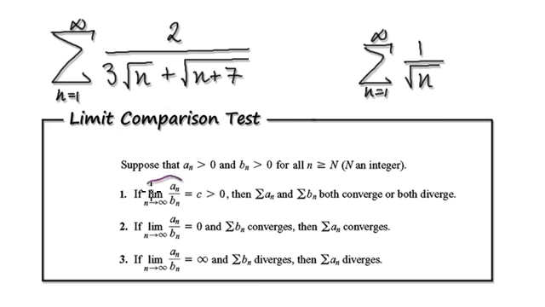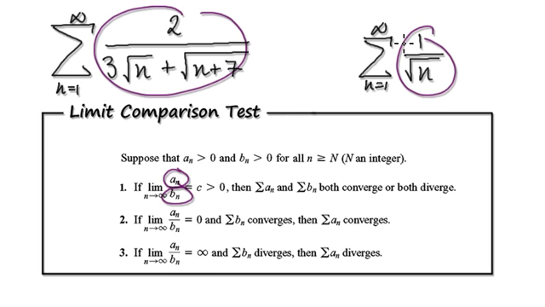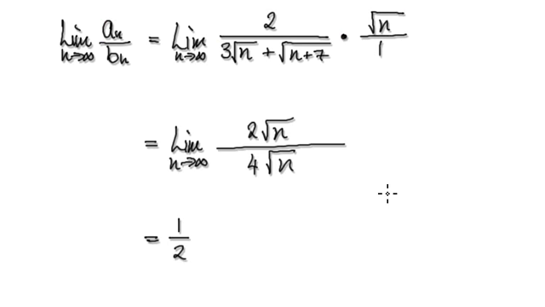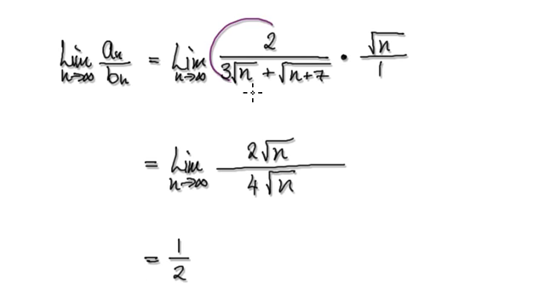So we need to compute this value here when it comes to the limit comparison test. We need to get an divided by bn. So we need to get an, which is this thing here, divided by bn, which is the same as multiplying by the reciprocal of bn, which would be this. So now it's just a matter of computing this value.